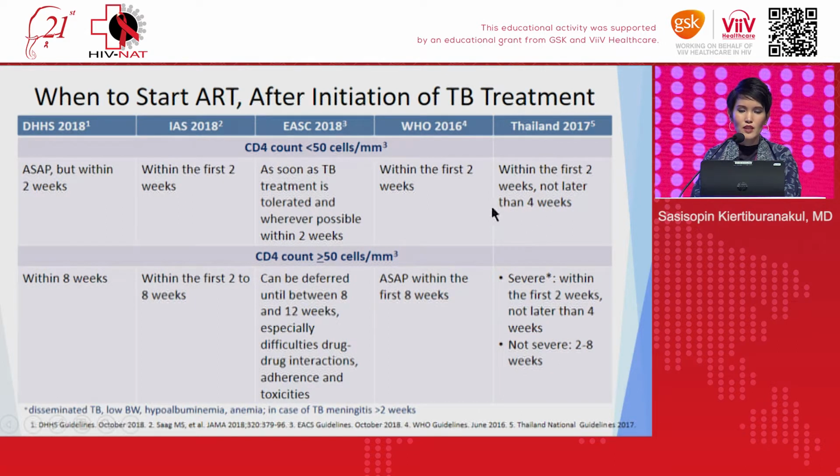In Thailand, we put 4 weeks because sometimes it's impossible to start within 2 weeks. For patients who have a higher CD4, let's say more than 50, most of the guidelines say within 8 weeks. And the European guideline says that we can wait until 12 weeks, especially in cases of difficult drug-drug interactions, adherence issues, and also toxicity.